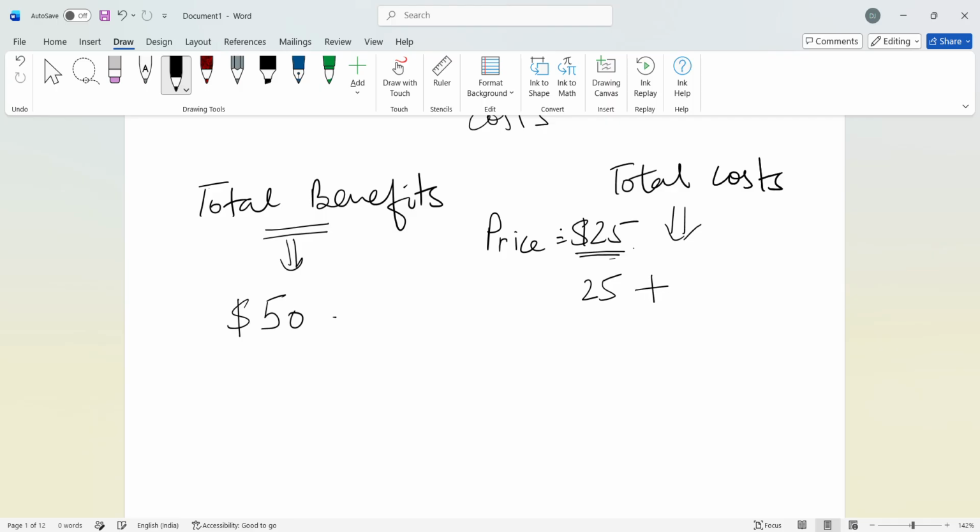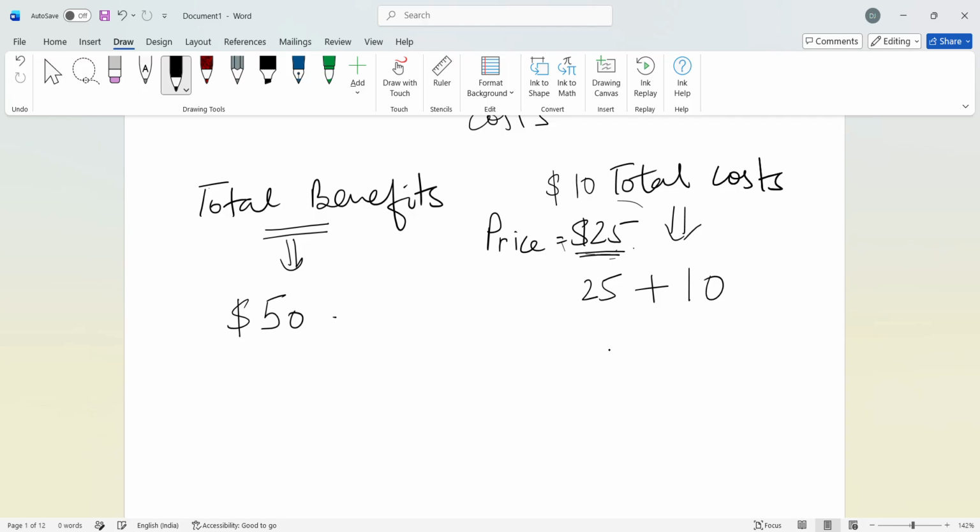Plus, I'll also take the cost of the product that I'm sacrificing for this $25. I can actually spend this $25 somewhere else also, right? Then what am I sacrificing? Let's say if everything is quantifiable, that cost comes out to be $10.